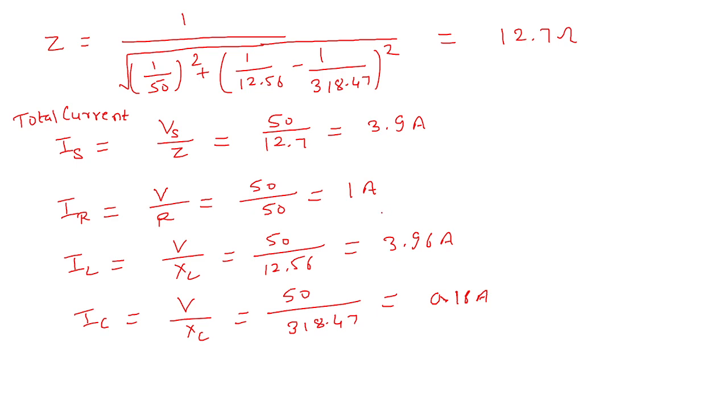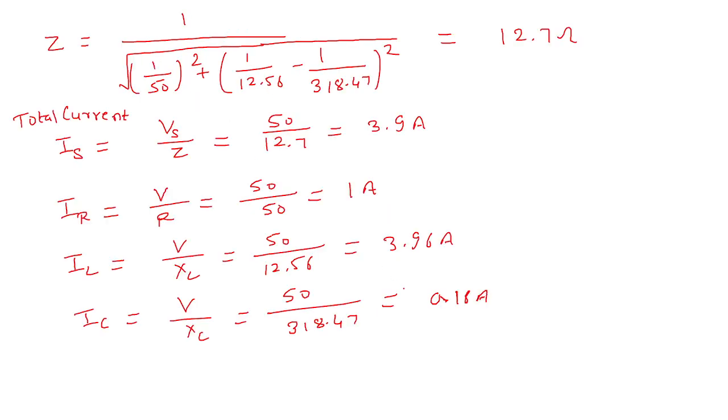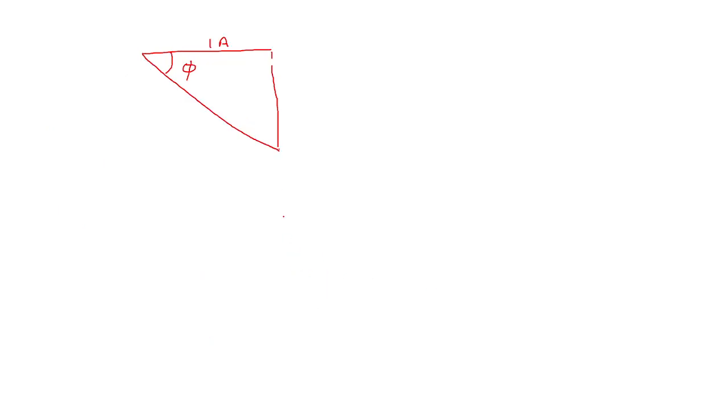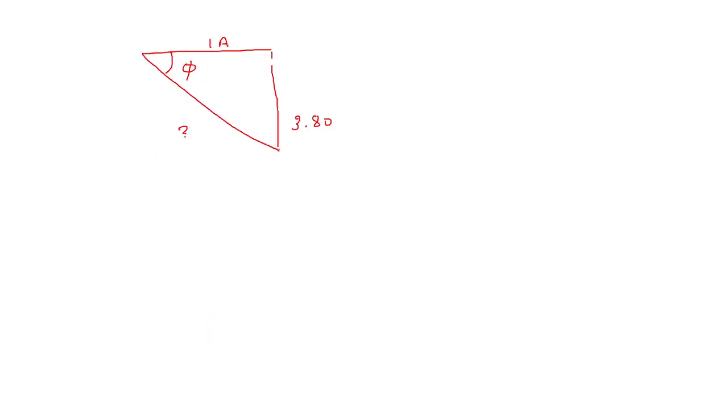IR is 1 ampere. IL is greater and IC is less, so 3.96 minus 0.16 gives IL minus IC, which is equal to 3.80. So IL minus IC is 3.80 and IS is 3.9.